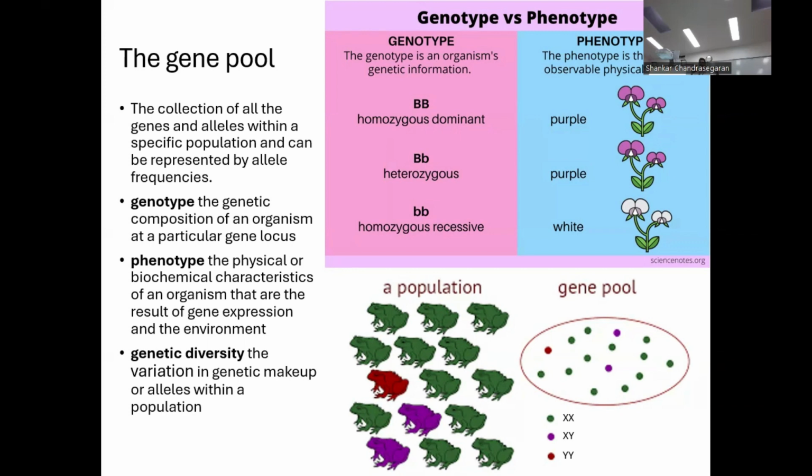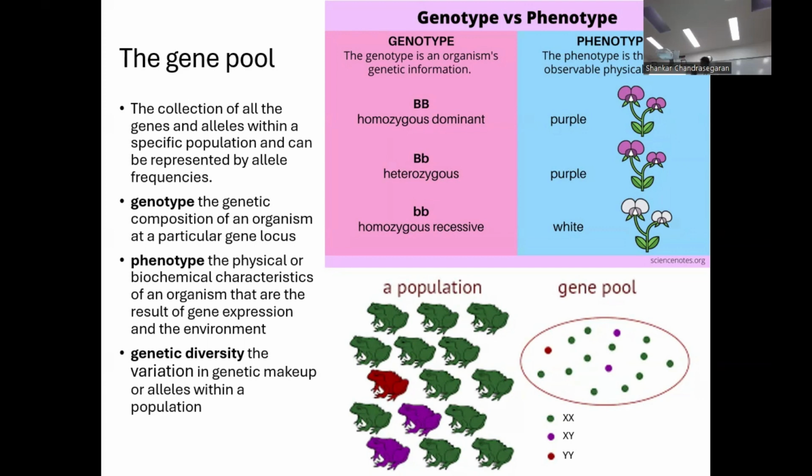For example, one example of a phenotype is your eye color. Your genes code for your eye color, so that is your phenotype. Another example is your hair color. That is also a phenotype. Your genotype for your hair codes for a characteristic, and that is a result of gene expression and the environment. So that is a phenotype.